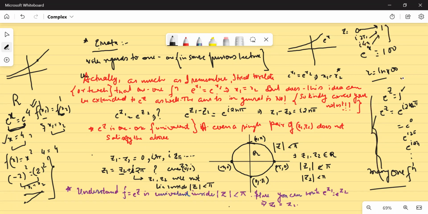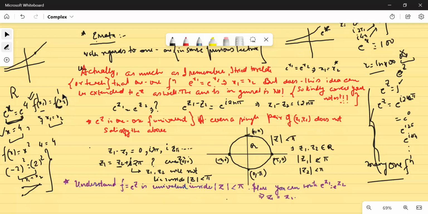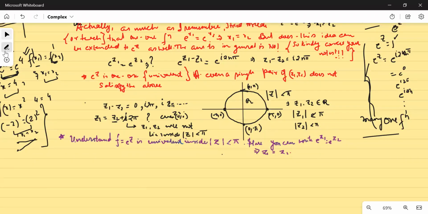So if I have written one-one, kindly do not do that, because e raised to power z is not one-one. In an attempt to connect both the concepts, I made this mistake. So kindly don't get confused by this mistake.